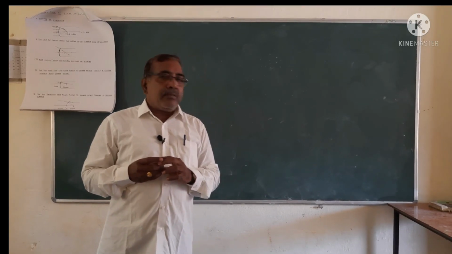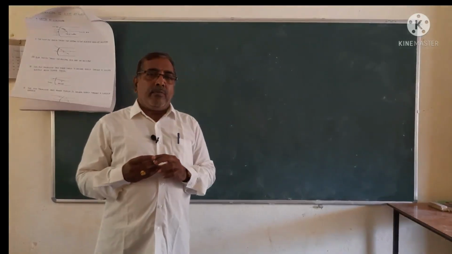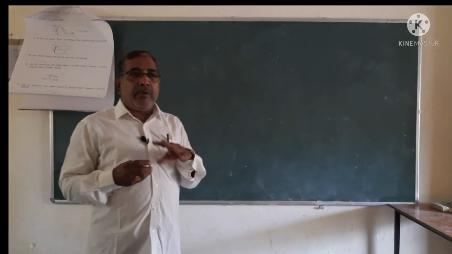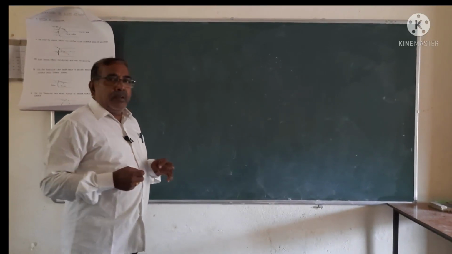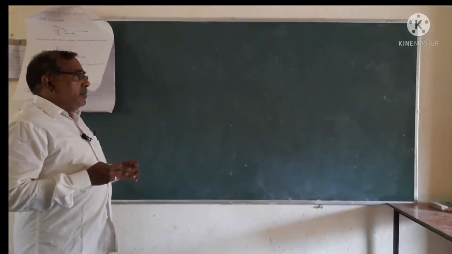In a curved surface, what are the rules followed by the light ray? We will observe one by one. According to Snell's law, first we will see the center of curvature.